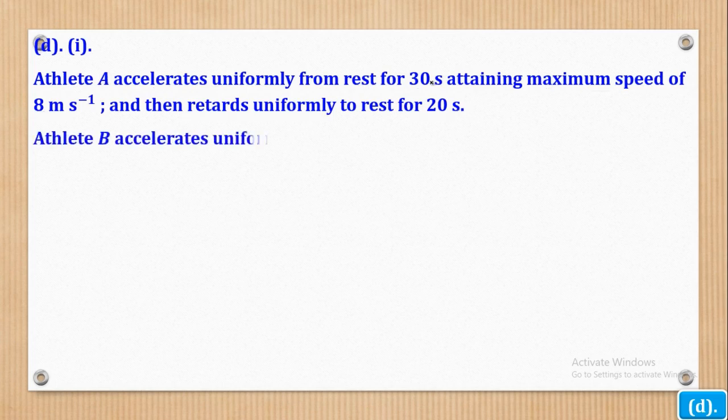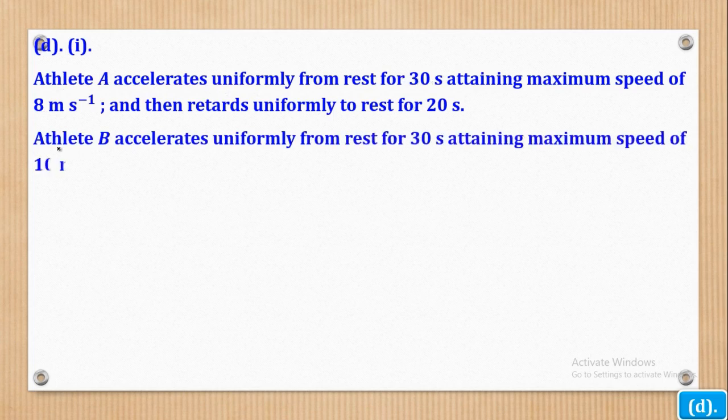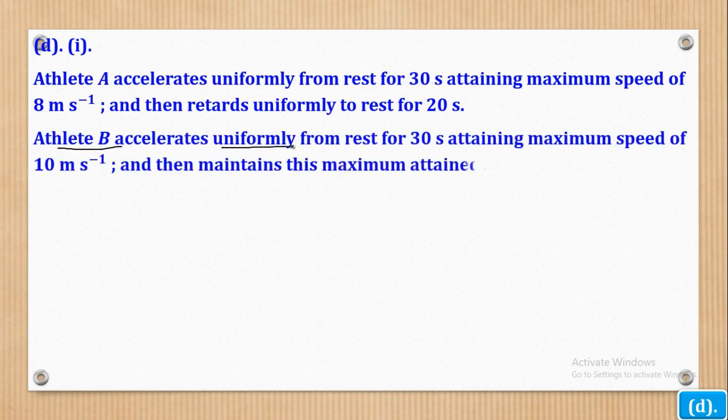What about athlete B? Athlete B accelerates uniformly from rest for 30 seconds, attaining a maximum speed of 10 meters per second, and then maintains this maximum attained speed for 20 seconds.